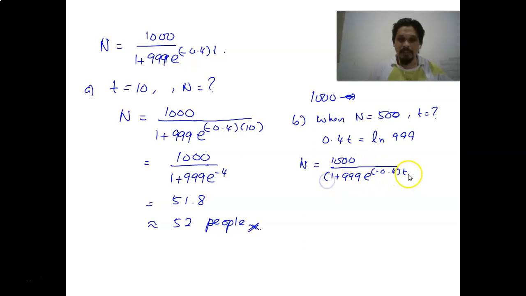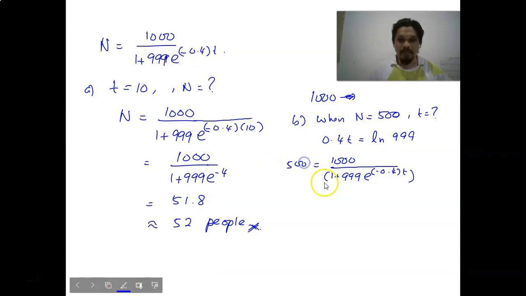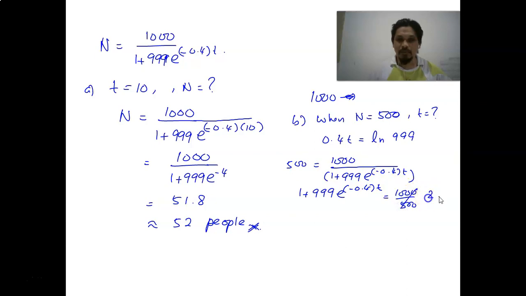Okay, just imagine that n here is 500. So imagine that we bring the denominator to the left side, and 500 up here. So 1 plus 999 e^(-0.4t) equals 1000 divided by 500, which is equal to 2.